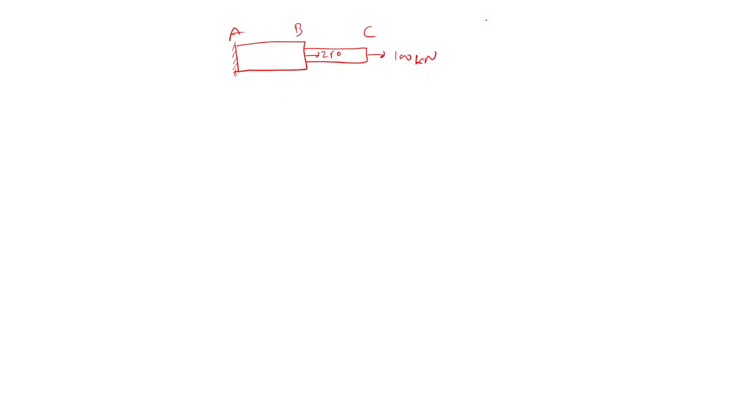What I said is, if support is there, keep this in mind: if support is there at one end only, you have to start making the FBD from the free end. If it is at both ends, then there is no option; you have to take one reaction.